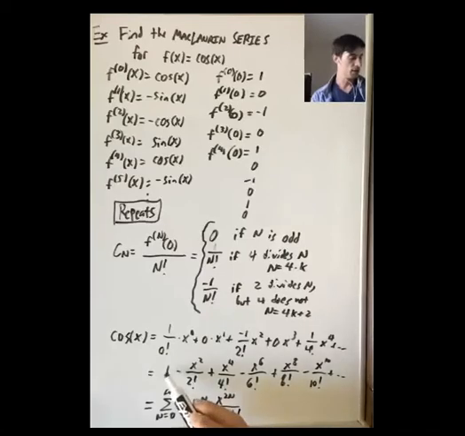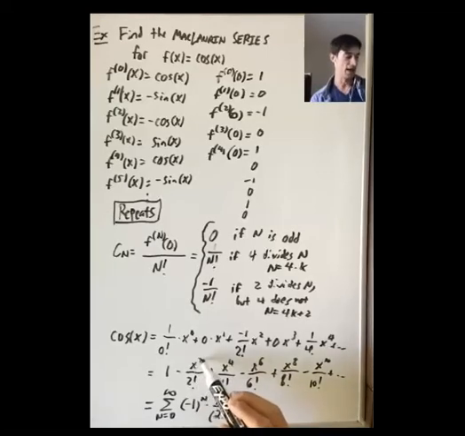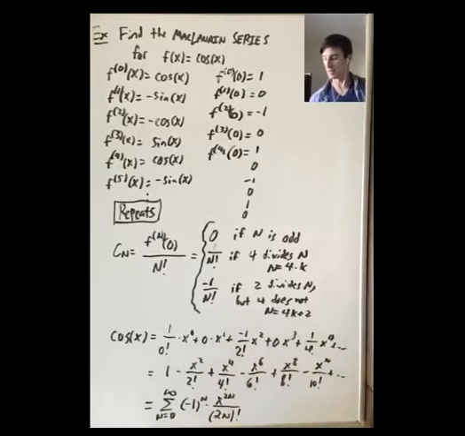Right, because we're only seeing the even powers, and you can check that this -1 to the n is going to be a plus term when n is even, which means that 2n is a multiple of 4, and a minus term when 2n is a multiple of 2 but not a multiple of 4. So it'll switch back and forth like this.